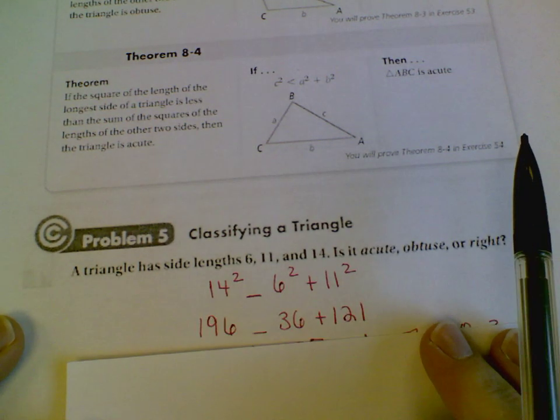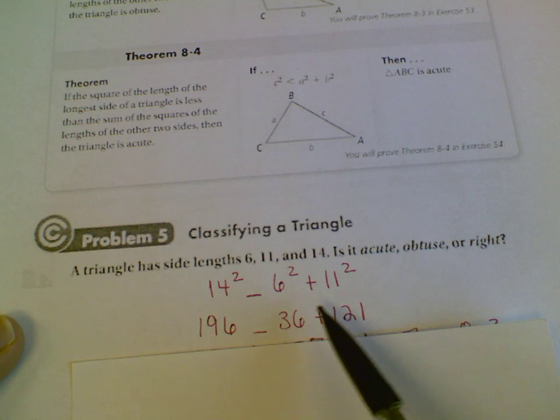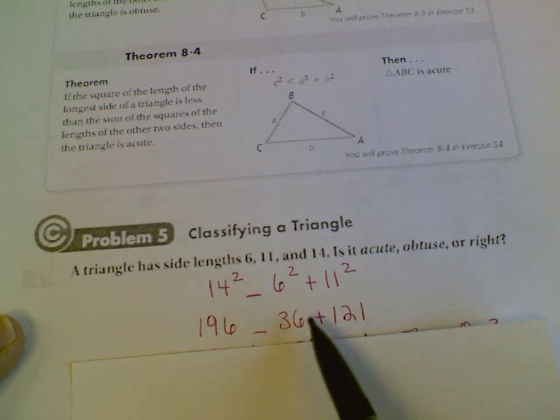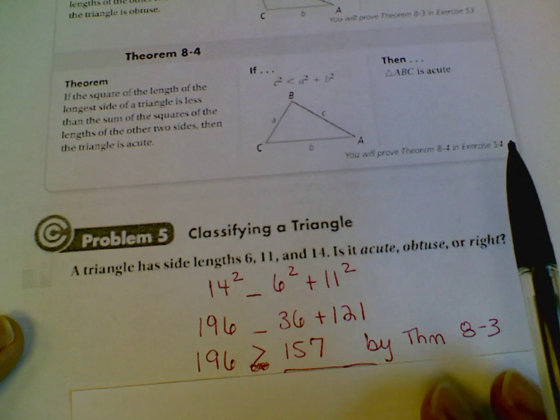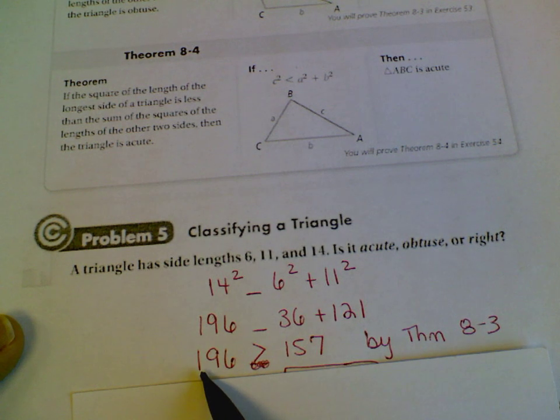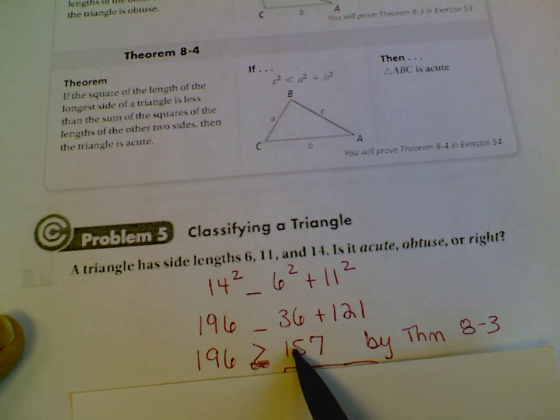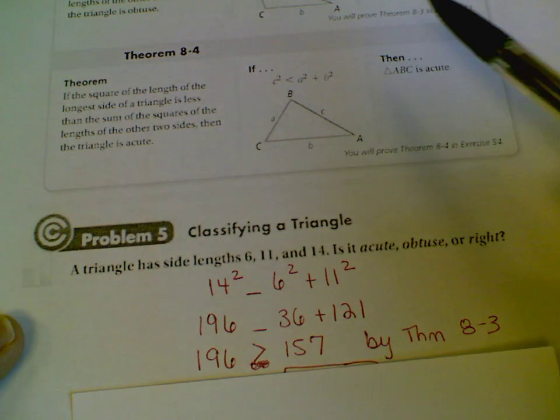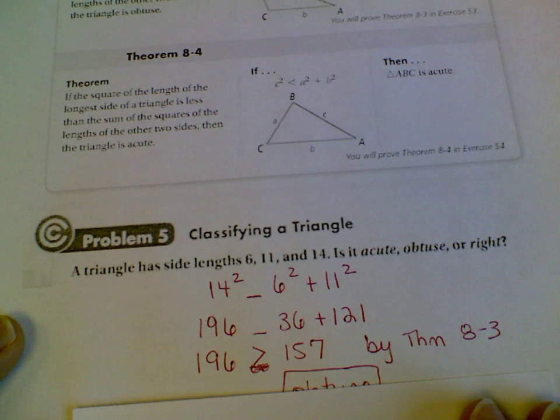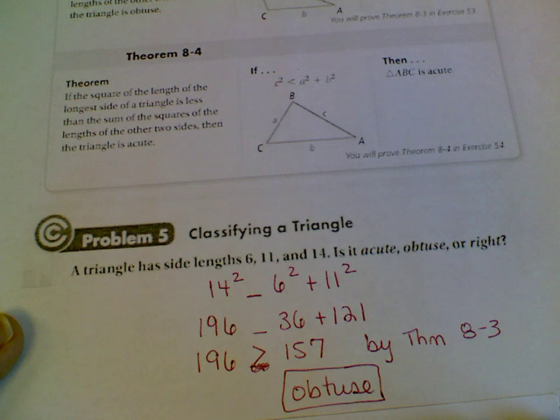So then I found all of those squares. I got 196, 36, and 121. I added these two, and I got 157. So now I can fill in the blank. My hypotenuse squared is greater than the sum of my legs. So then by this top theorem, 8.3, that has to be obtuse.